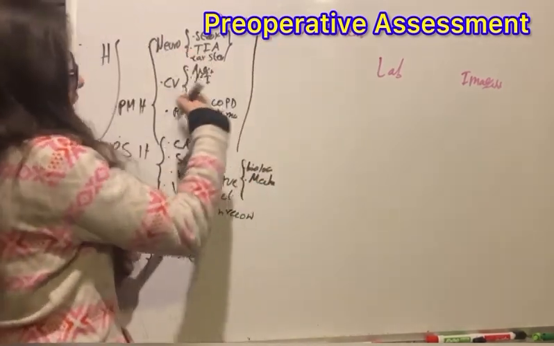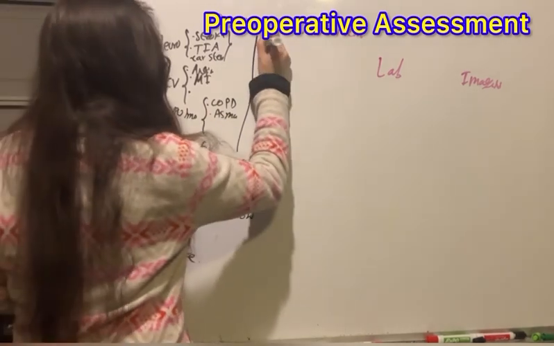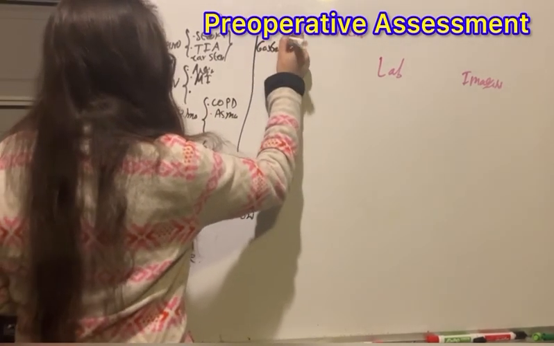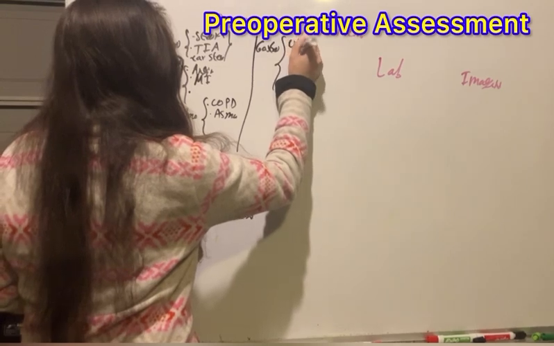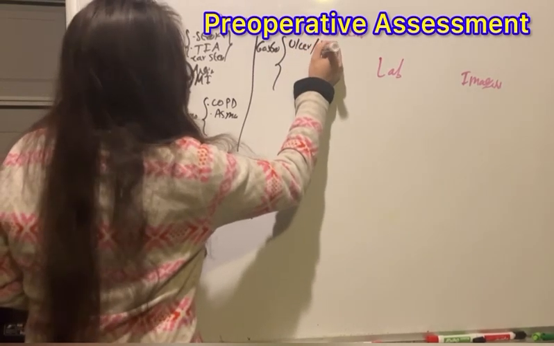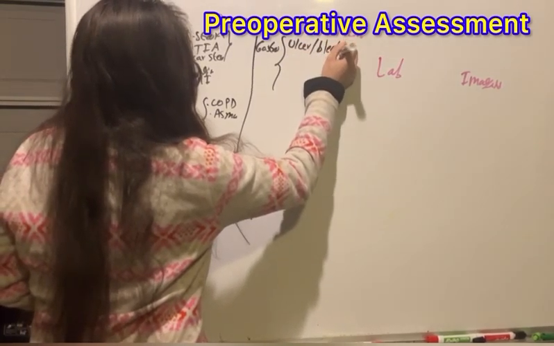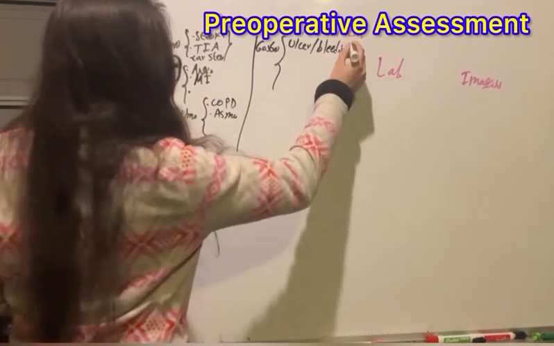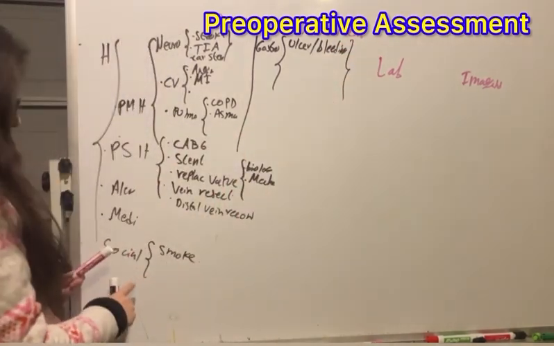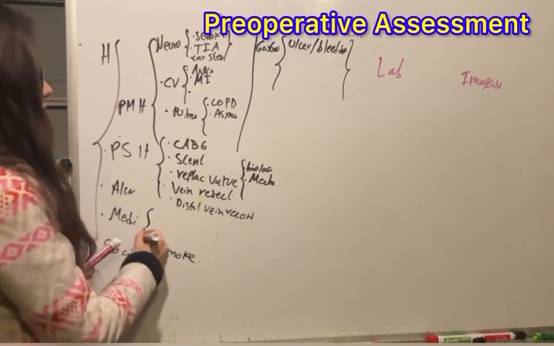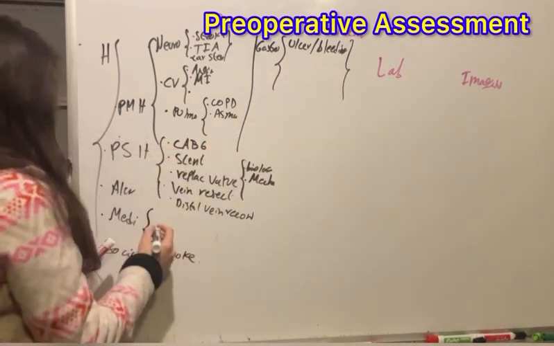Then neuro, cardiovascular, pulmonary, gastro. So if the patient has a gastric ulcer or a history of GI bleeding, and also if the patient takes medications for ulcers or GI bleeding.